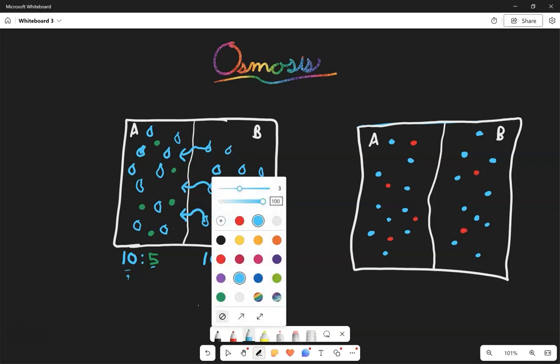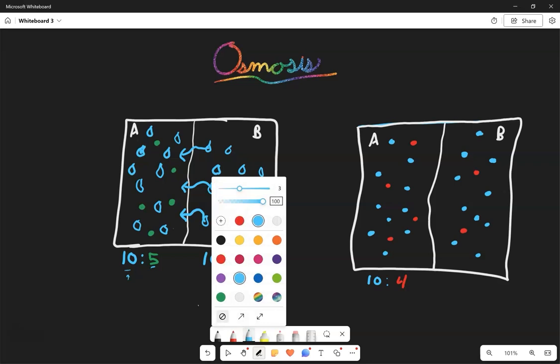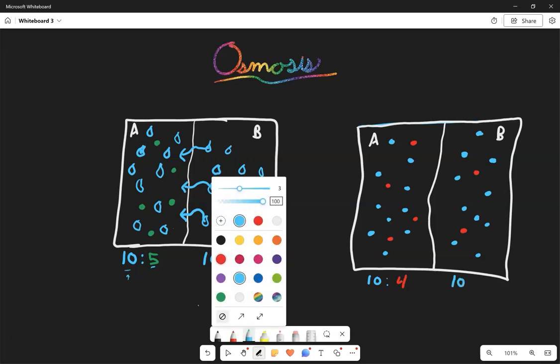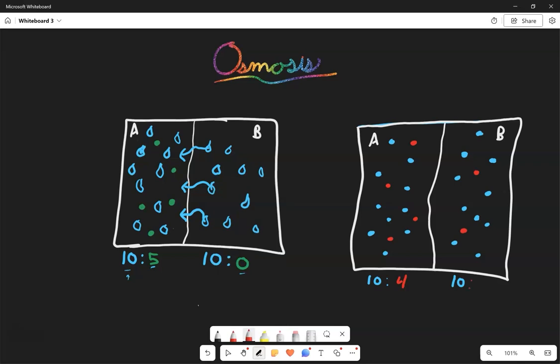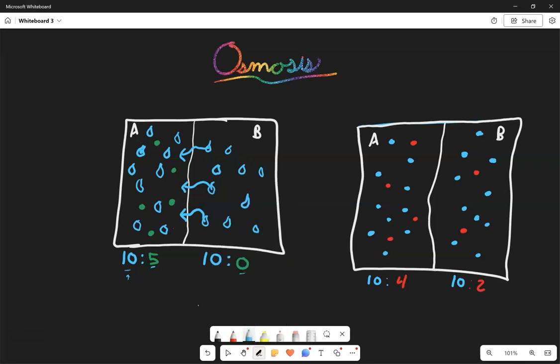Okay, so our ratio is 10 to 4 over here. And our ratio is 10 to 2 over here. And you might be quick to say, well, let's just move one red thing over from A to B. But remember, red can't move, right?